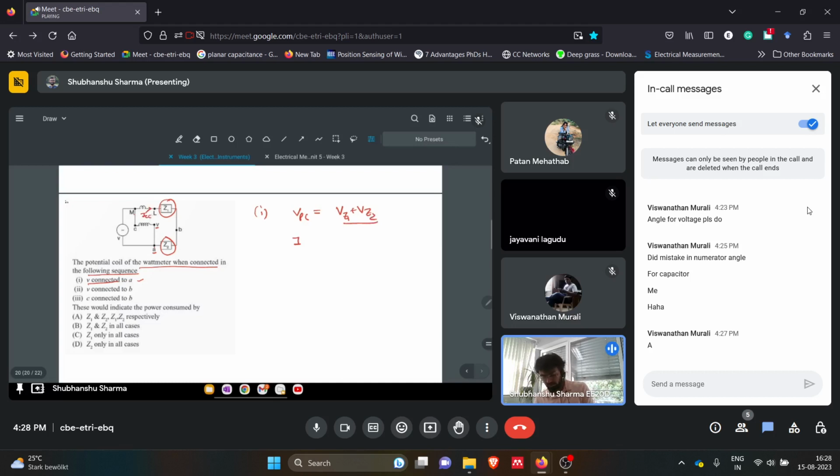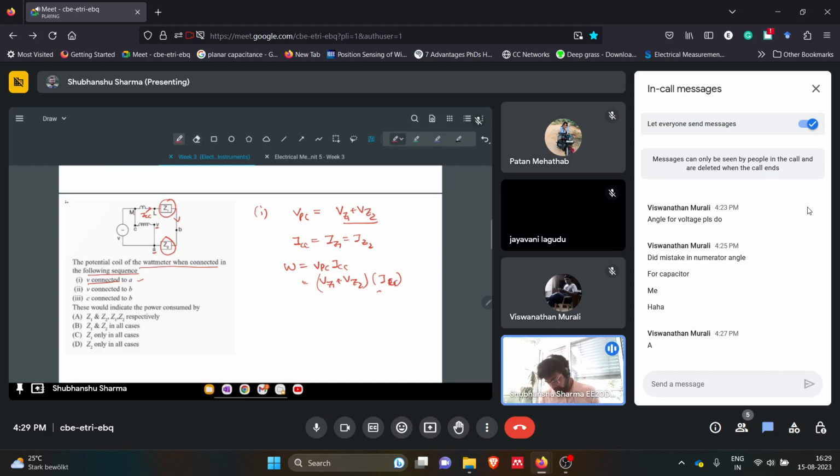It is the same current passing through Z1 and Z2, so ICC equals IZ1 equals IZ2 because they are in series. So the wattmeter will read VPC times ICC, which is VZ1 plus VZ2 times IZ1 or IZ2.